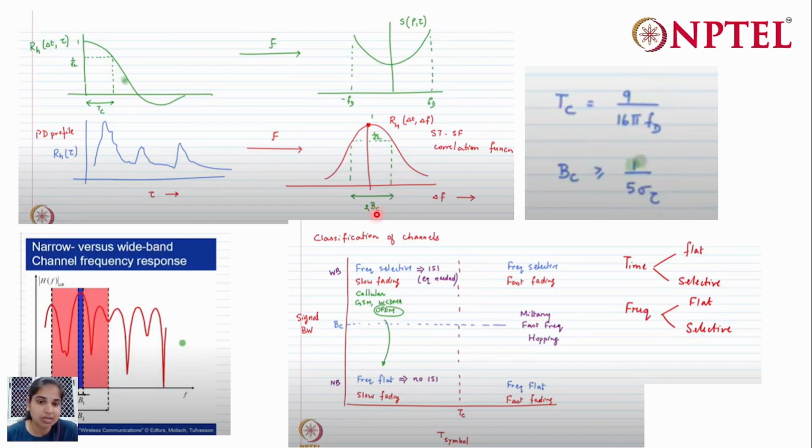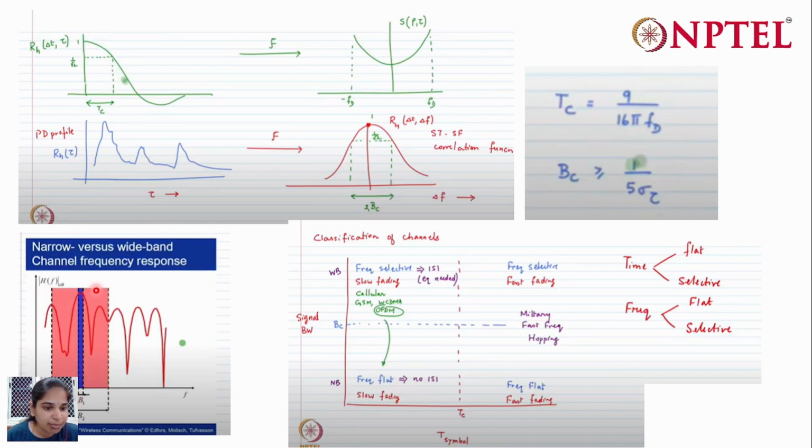This also gives us an idea about the coherence bandwidth. And from there, coherence bandwidth should be greater or equal to 1 by 5 into RMS delay spread.